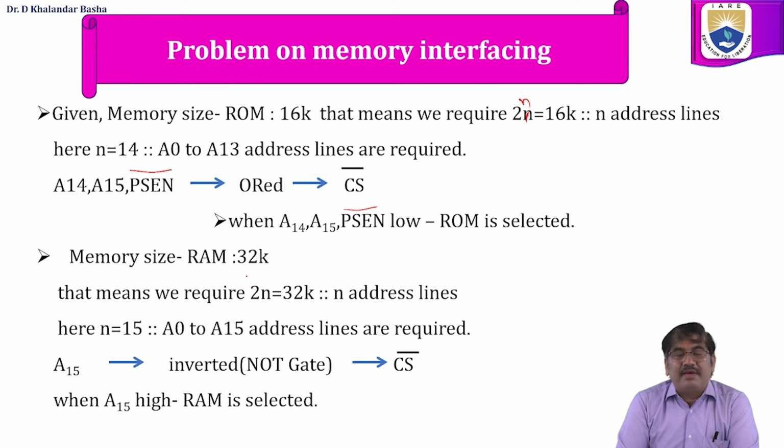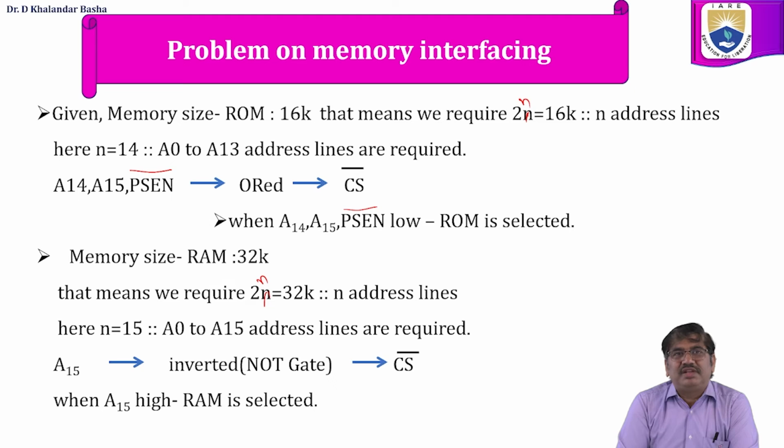When it comes to RAM, the size of the RAM given is 32K. That means we require 2 to the power of n equivalent to 32K, where n is the number of address lines. So in this case, 15 address lines are required, which will be taken from A0 to A14 out of the 16 address lines. Whereas A15 is used for enabling the memory block, that is chip select for the memory block.